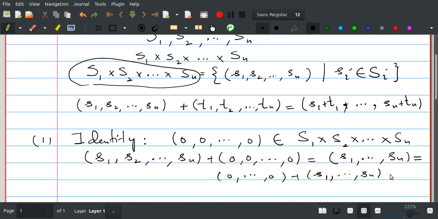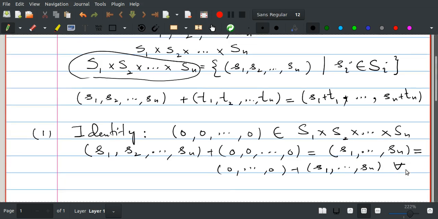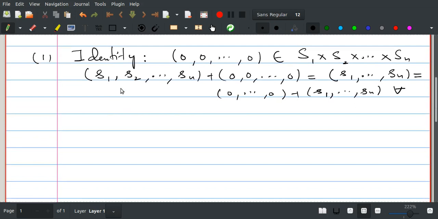Now this is true for all elements in S1 cross S2 cross so on Sn.